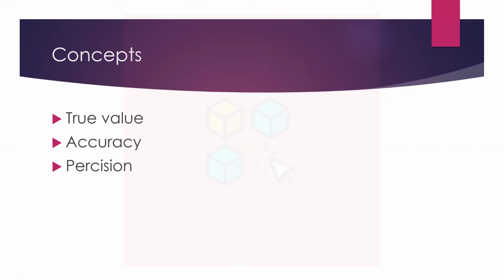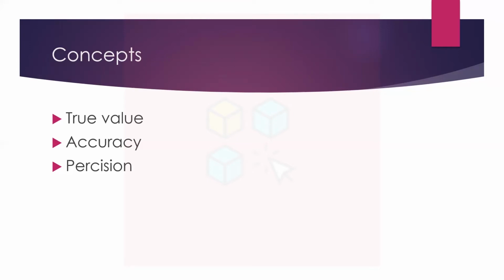Accuracy means how much the sample statistic is closer to the population parameter. If the difference is less, then we have accurate measures. If there is more difference between the sample statistic and population parameter, then the values are called less accurate.